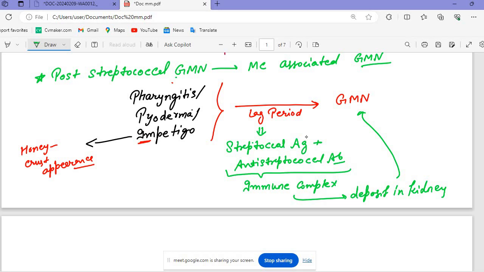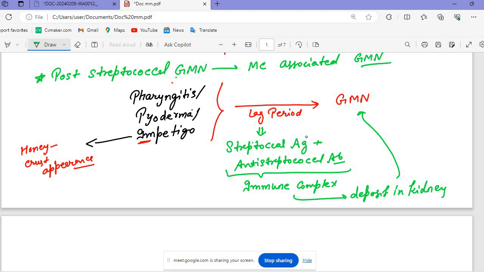I hope this is clear. So pharyngitis, pyoderma, any streptococcal infection, and after a few weeks it will convert into glomerulonephritis, and that is known as the lag period. In the lag period, antigen and antibody complex is formed, that is immune complex, and they deposit in the kidney.